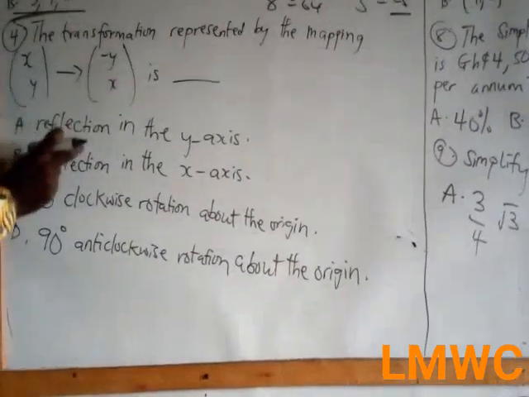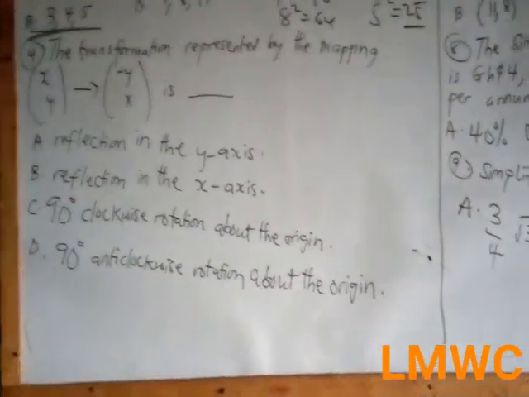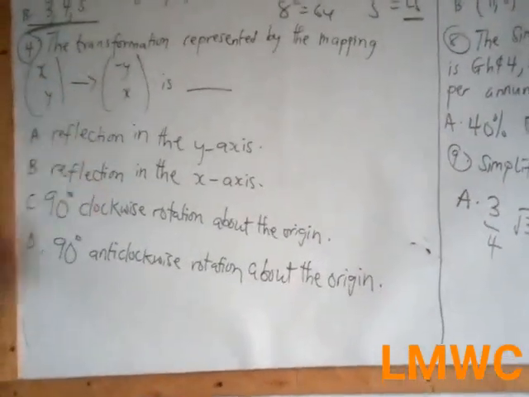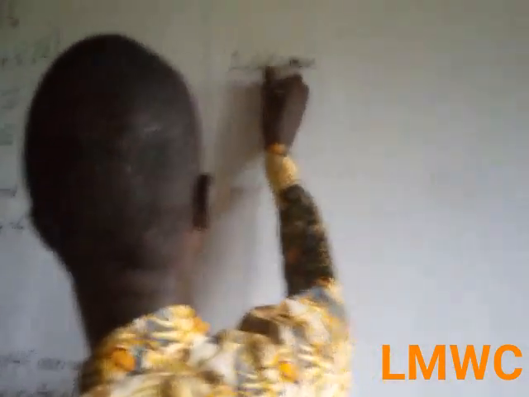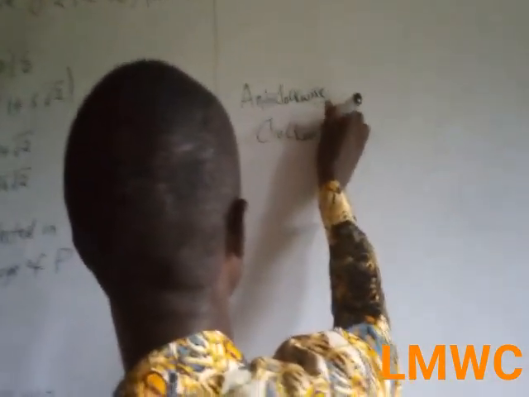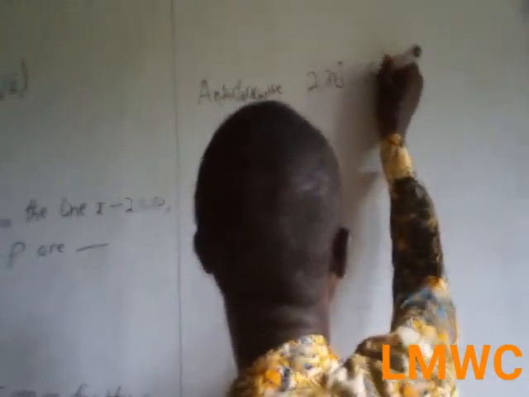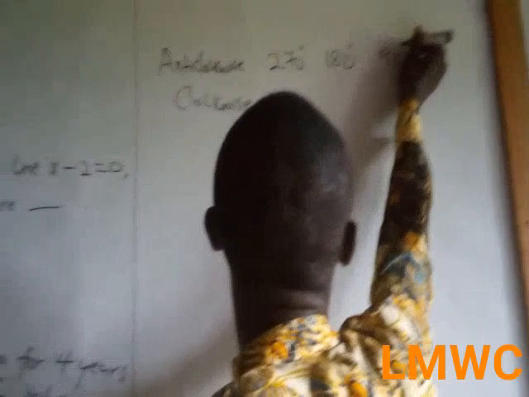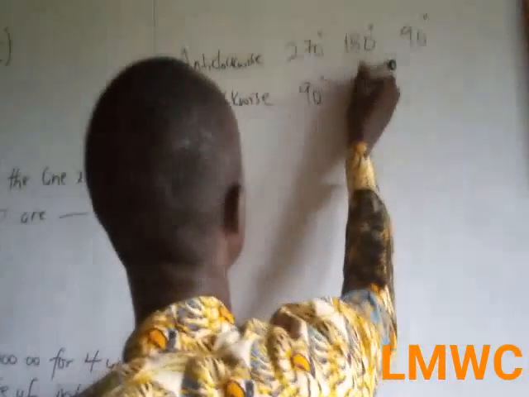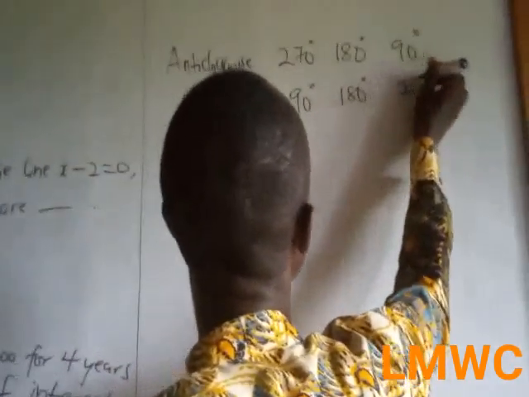So this means reflection is out. So I want to show you how you will get your answer. For rotation, we have anti-clockwise and clockwise. So for anti-clockwise, you start from 270, 180, 90. Here is 90, 180, 270.